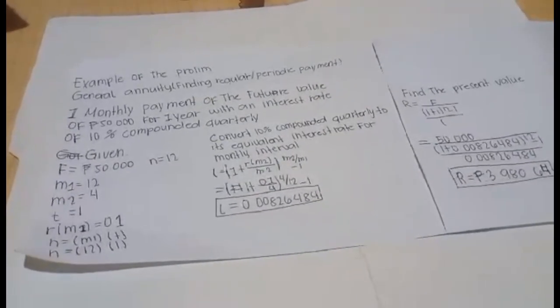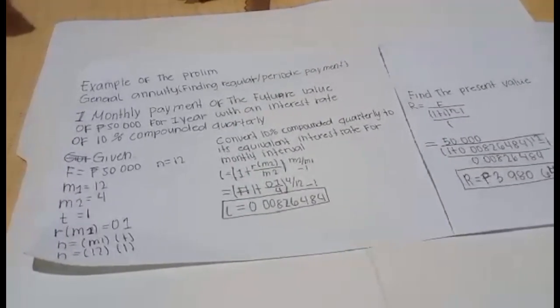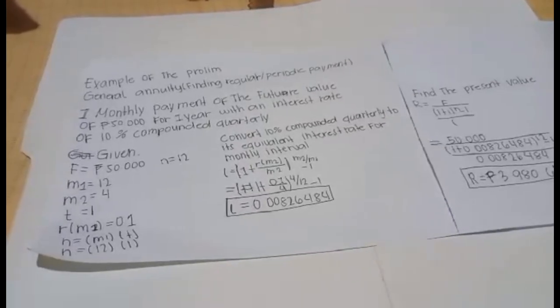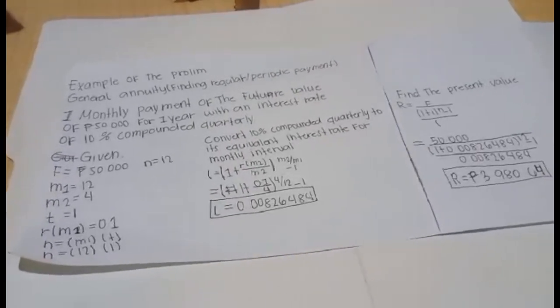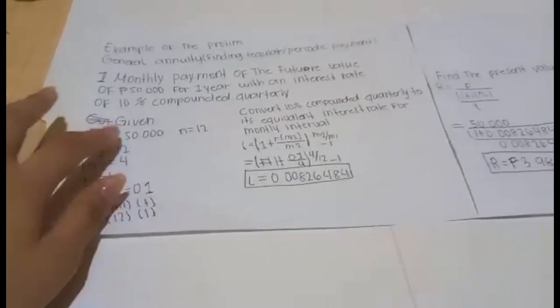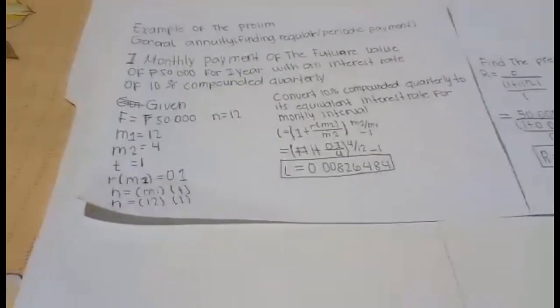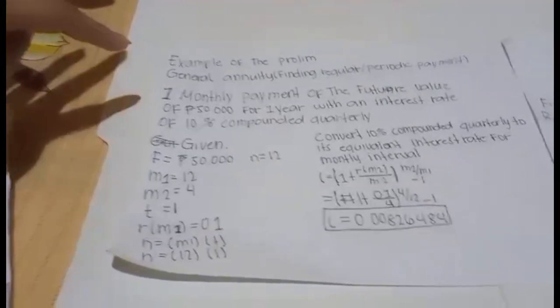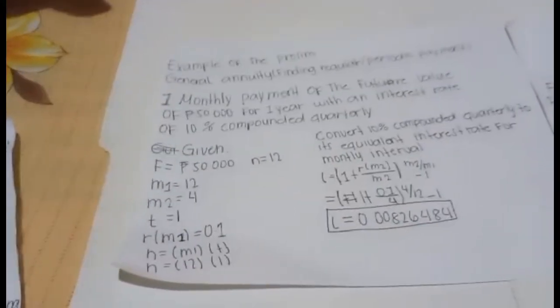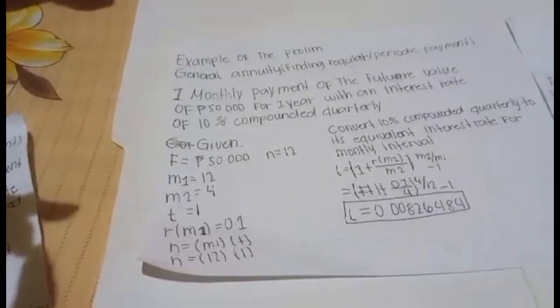Number 1. Find the monthly payment given a future value of 50,000 pesos for 1 year with an interest rate of 10% compounding quarterly. Given: F equals 50,000 pesos. M sub 1 equals 12 because monthly. M sub 2 equals 4, and T equals 1 because 1 year.